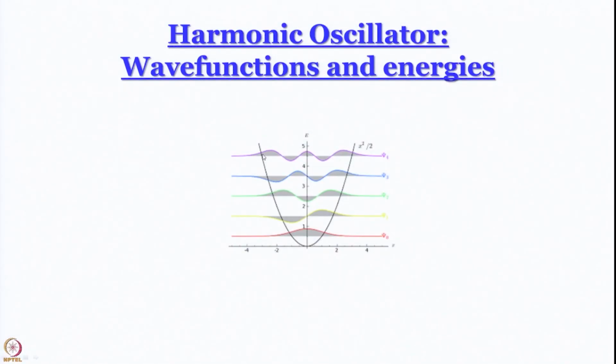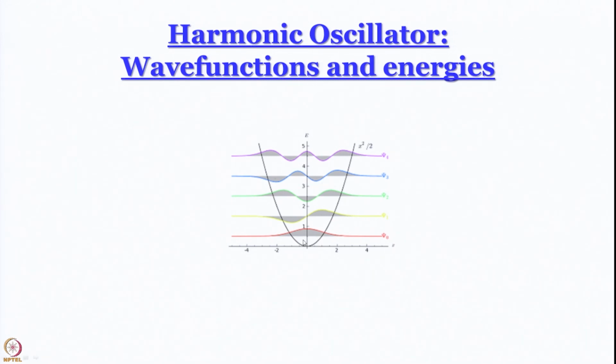And as you can see, the wave functions do not exactly terminate at the potential energy surface, they go a little bit beyond. And it was your homework to find out why this is the case, how this is justified. Please read about this and post on the forum.